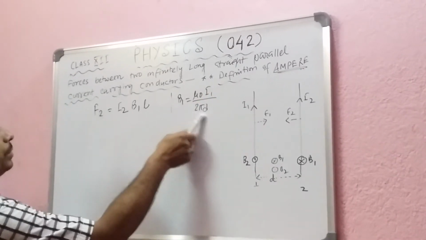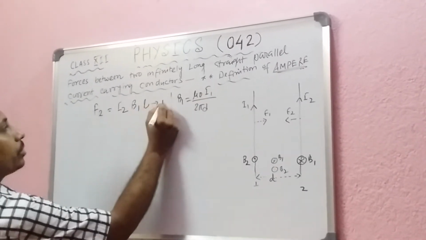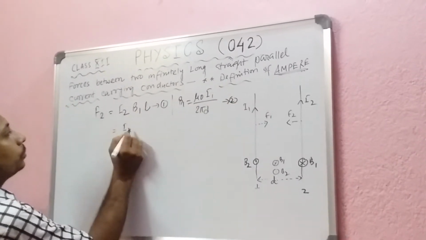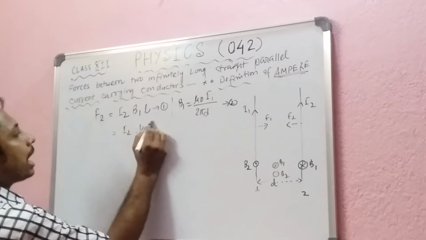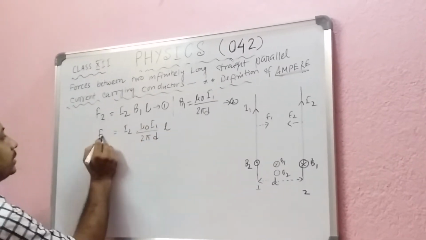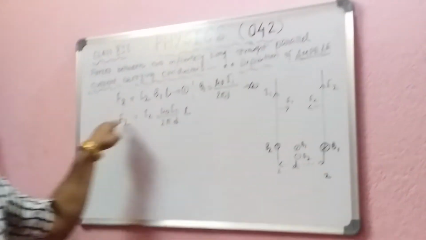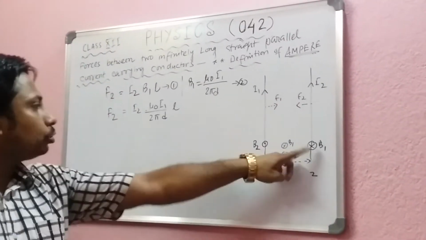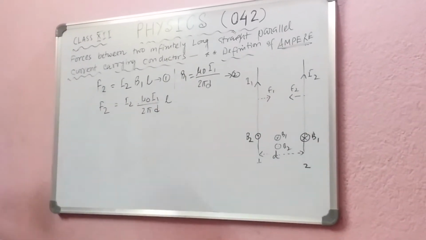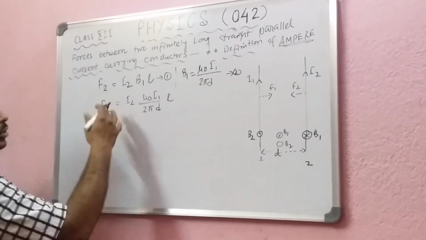Now put the value of B1 into this equation number 1. This is 2. So I2 into B1 means mu 0 I1 by 2 pi d into L. This is F2. F2 means the force on the second wire due to the first wire. You can also write F21.